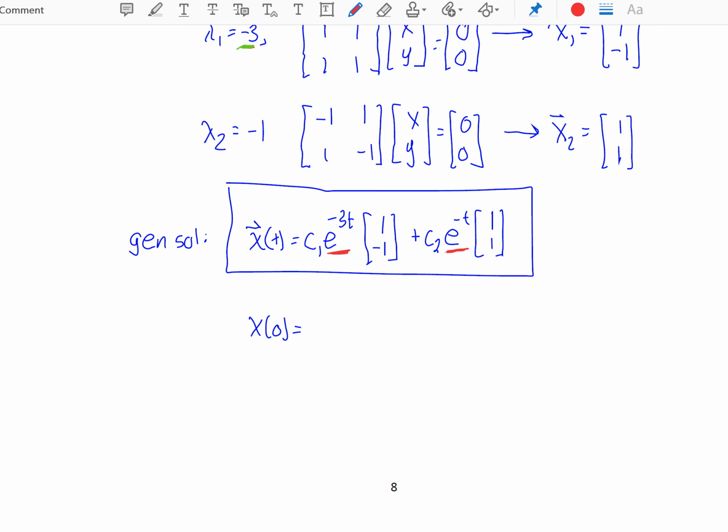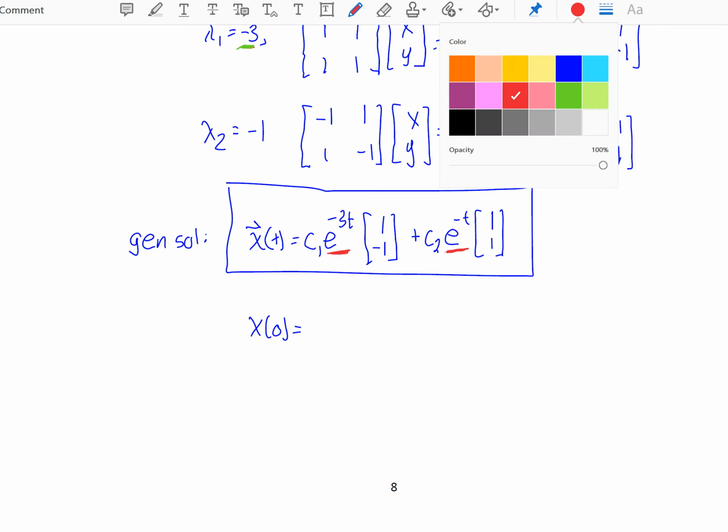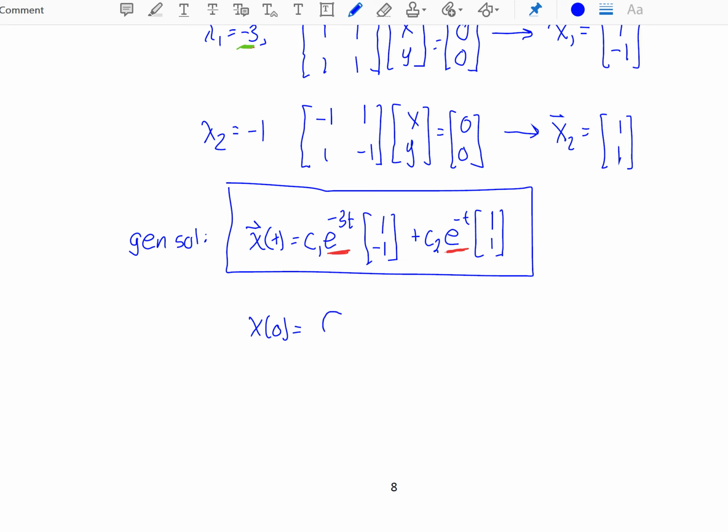E to the -t turns into a 1. And so we'll get c1 times our first column plus c2 times our second column, and from our initial conditions, this has to equal 3, 1.